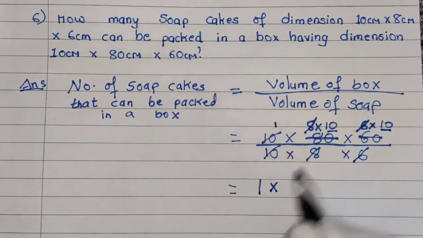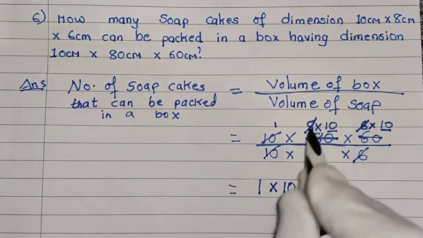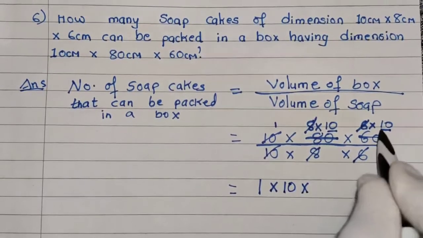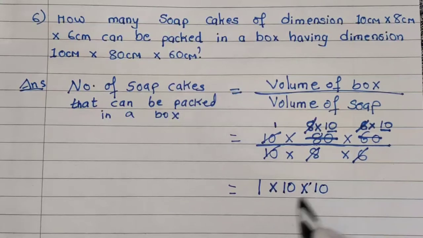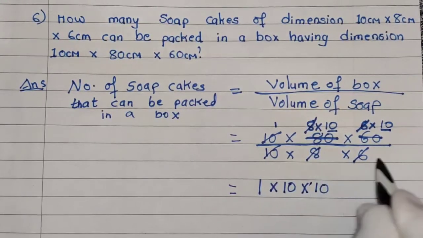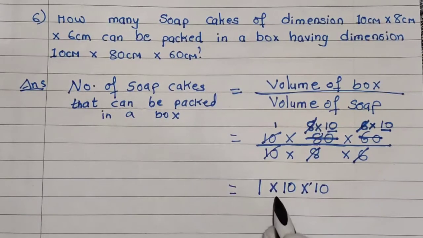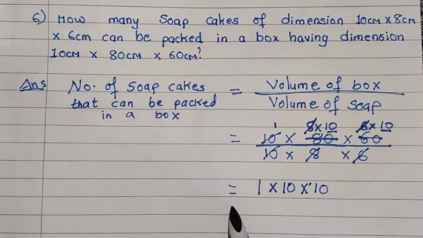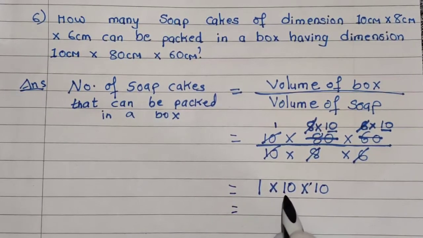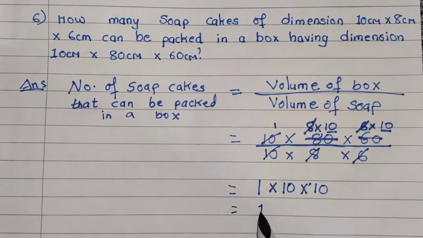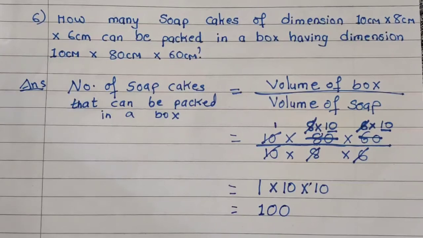Whatever things are left, that we are going to write here: 10 above, another 10 above, and as you can see below nothing is left, all are cancelled, so our denominator is 1. Now 10 multiply by 10. What is the answer? The answer is 10 tens are 100.